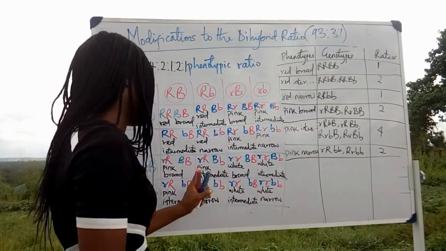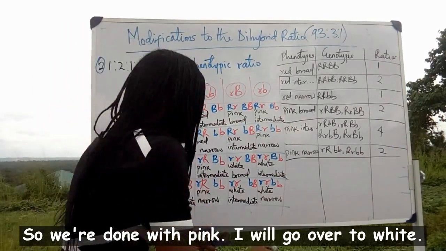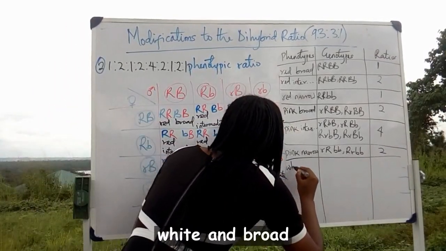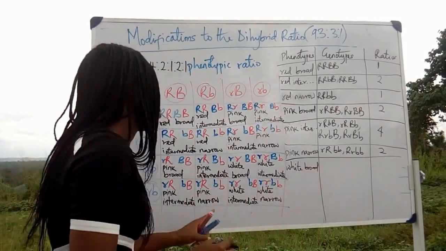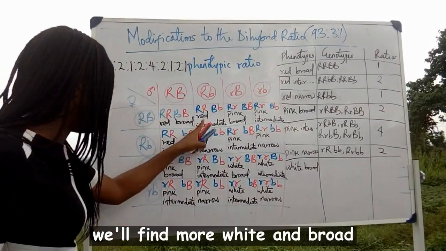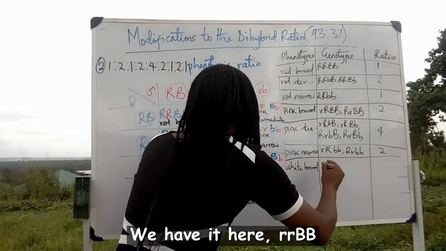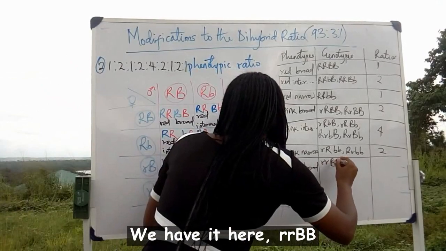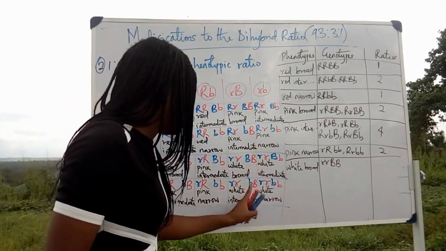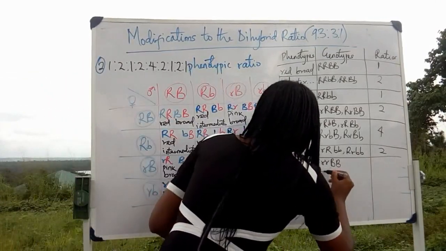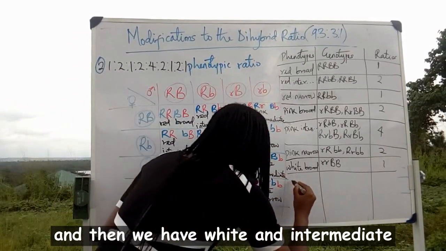That's 2. So we're done with pink. Now we'll go to white. White and broad. We have it here. Small r, big B, big B. White and broad. Oh, and that's it for that. We have 1. And then we have white and intermediate.